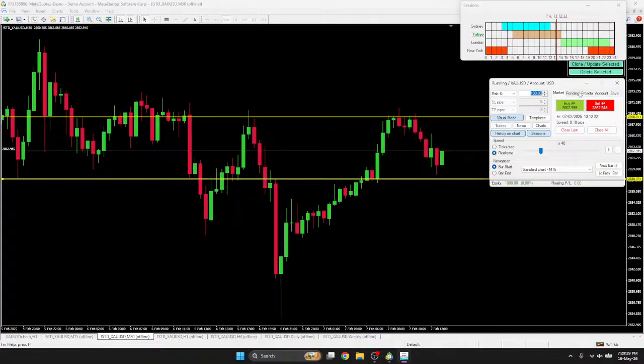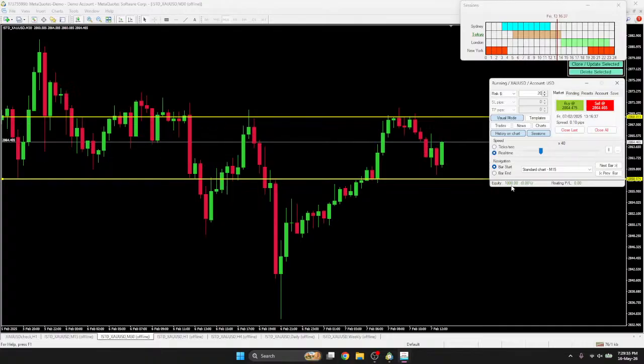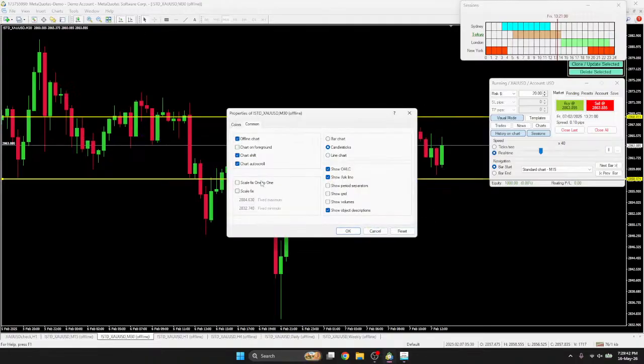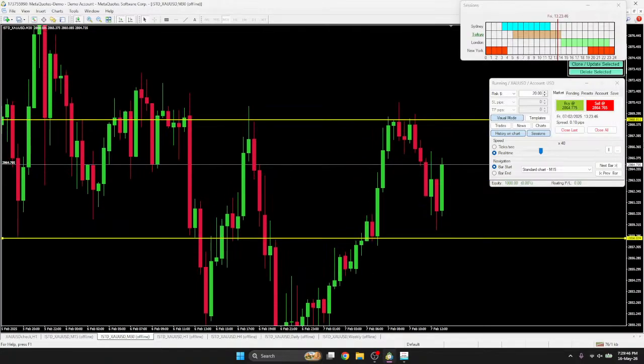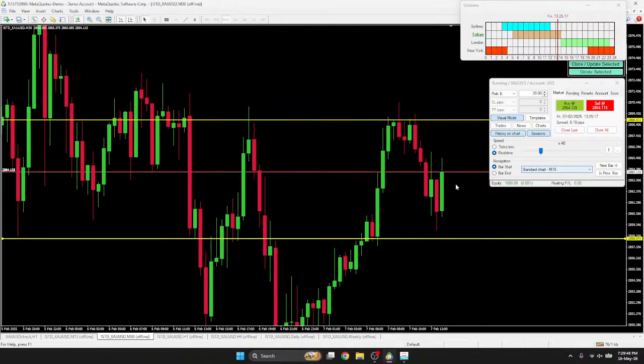Okay, I'll risk here just $20 or $10. Okay, $20. This is $1,000. So I'll risk here $10, $20. Okay, very nice. Let this candle close.